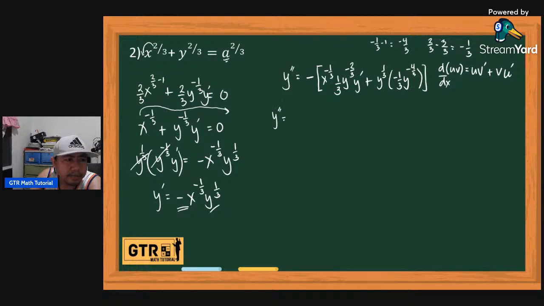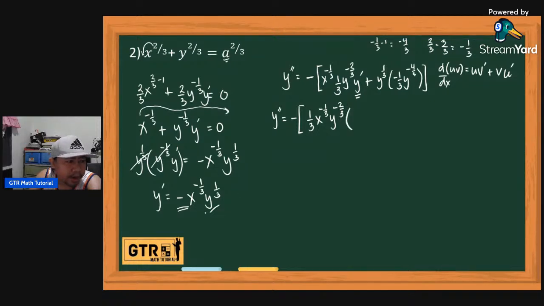So the second derivative is equal to negative. So let's simplify. So put 1/3 in front, 1/3 x raised to negative 1/3 y raised to negative 2/3. And then we will substitute the value of y prime.